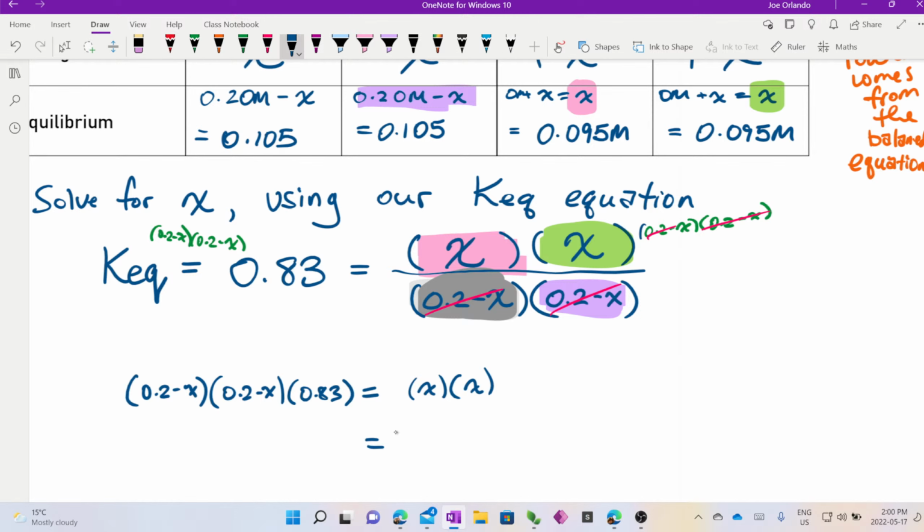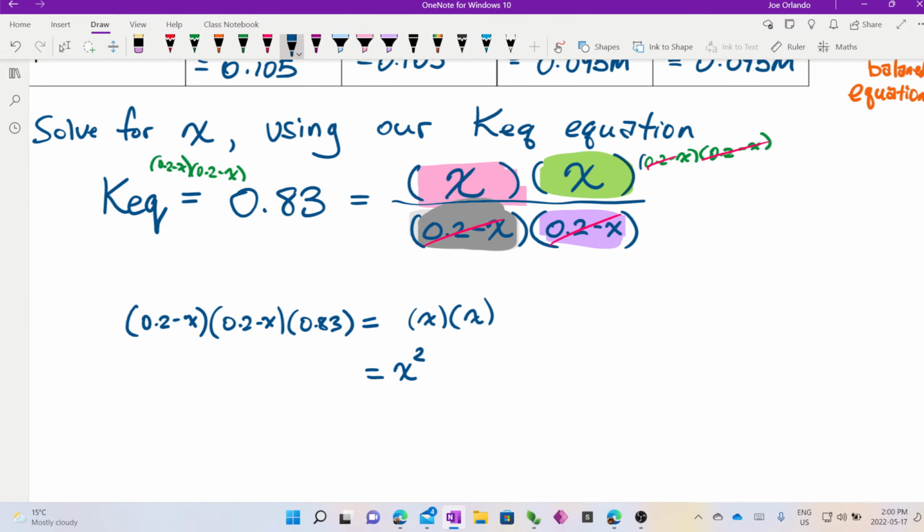So this is easy. What's x times x? Okay, that was the easy one. What's 0.2 minus x times 0.2 minus x? Well, you can know your squaring rules, or you can FOIL, or you can just draw rainbows like I do till it works. What's 0.2 times 0.2? 0.04.